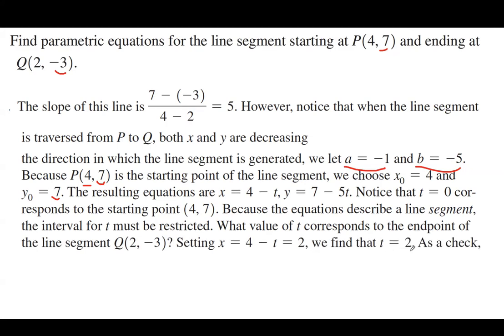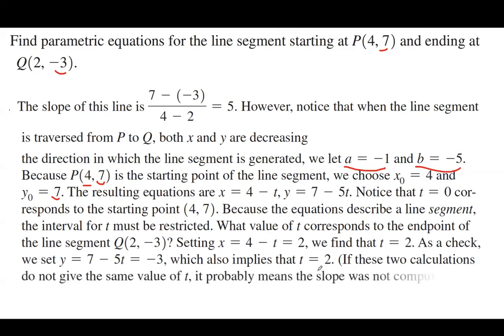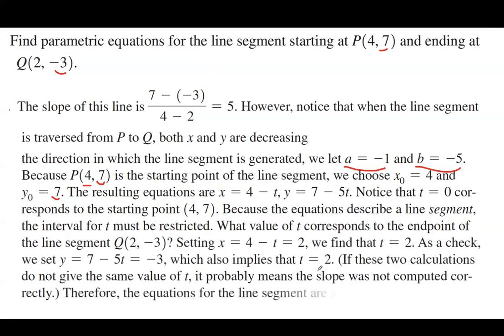You can also check that if you set y equal to -3, or 7 - 5t = -3, we get t equals 2. Very good. So we can write the equation of the line segment as x = 4 - t and y = 7 - 5t, where t ranges between 0 and 2 inclusive.